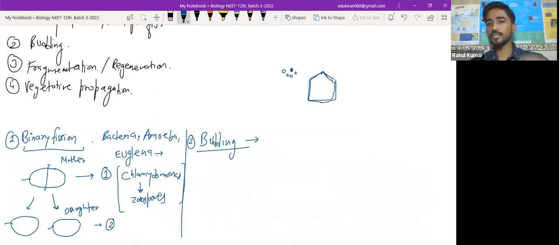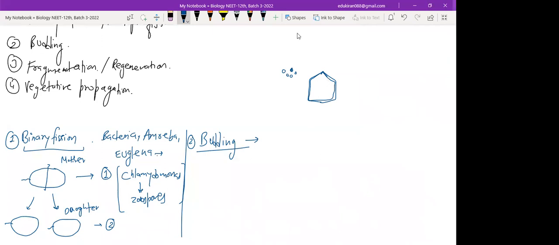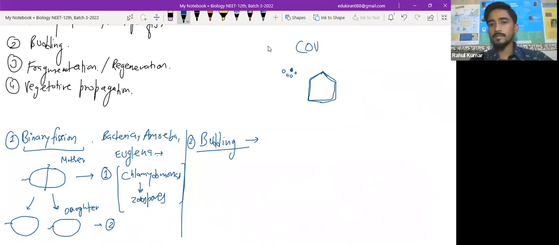Now this coat shape can be different, like it is spherical with lots of spikes coming out in case of the COVID virus, the novel coronavirus, SARS-CoV-2, the virus which the world is dealing with currently. This is the name of the virus.